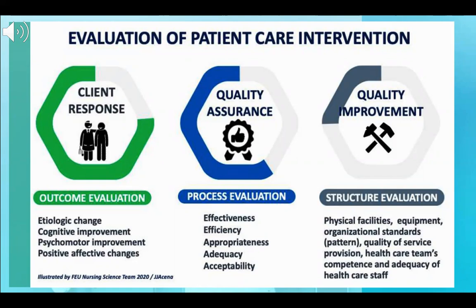For client's response, we do outcome evaluation, where we try to determine if the desired outcomes are achieved through observing the etiologic change, or if there is any improvement in the cognitive, psychomotor, or affective domains. Okay. For process evaluation, to ensure quality, we try to examine the criteria of effectiveness, efficiency, appropriateness, adequacy, and acceptability.